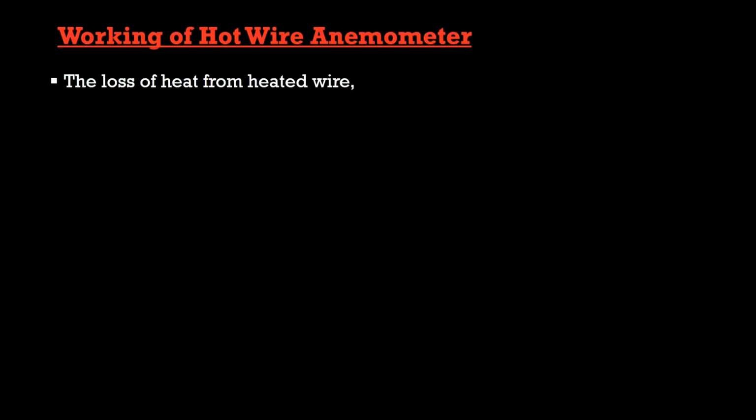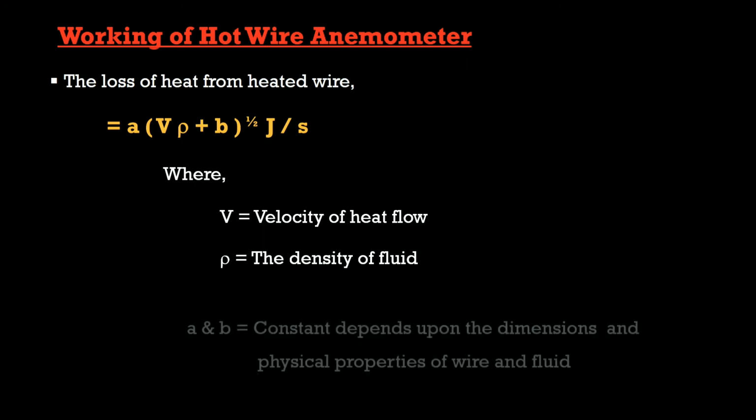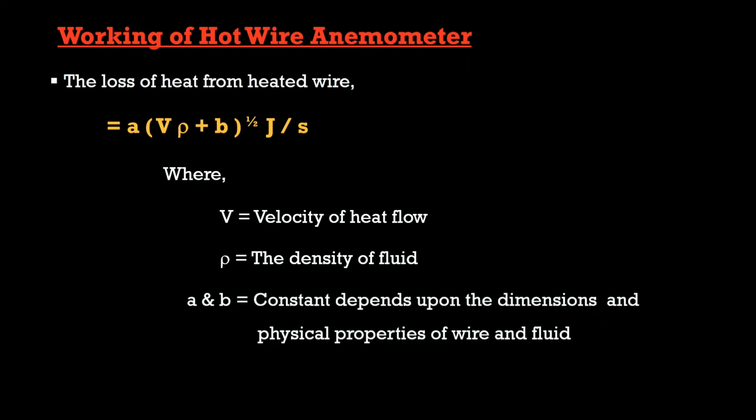The loss of heat from heated wire is equal to (A √(Vρ) + B) joule per second, where V is the velocity of fluid flow, ρ is the density of fluid, A and B are constants that depend upon the dimensions and physical properties of wire and fluid.